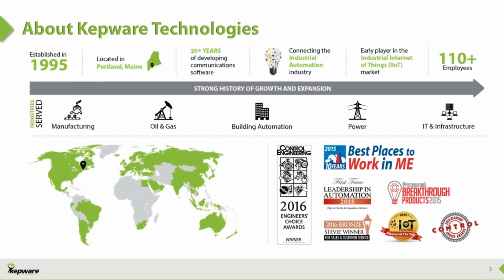Pretty much any industrial environment, Kepware can be found. We are connected globally, so we have a preferred network of channel internationally that can help sell and support our products. And then here in the U.S., we obviously sell direct, but we also sell through channel. And go ahead, Joanne, next slide.